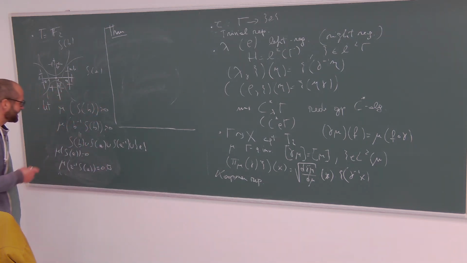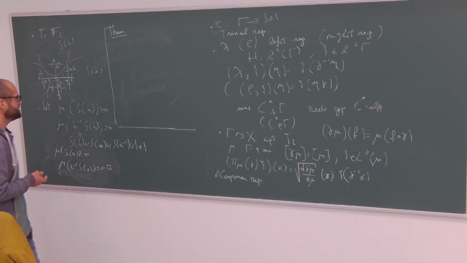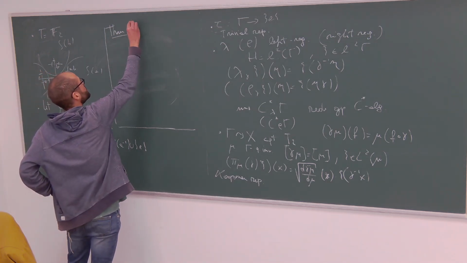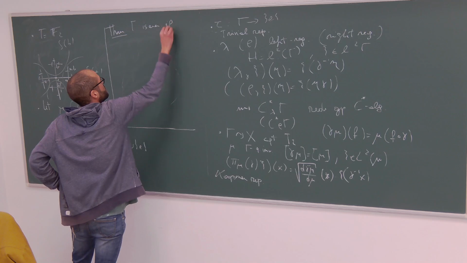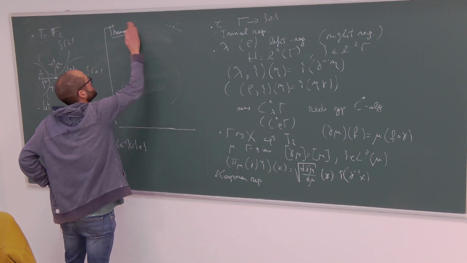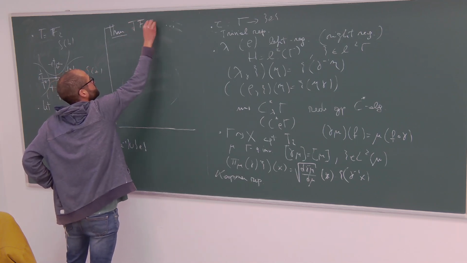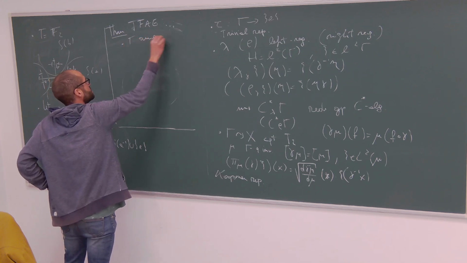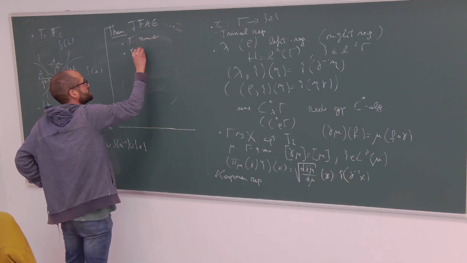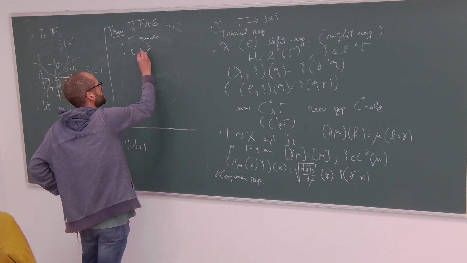So amenability is interesting because of the following. Gamma is amenable if and only if, let's say, the following are equivalent. Gamma is amenable. The trivial representation is weakly contained in the left regular representation.